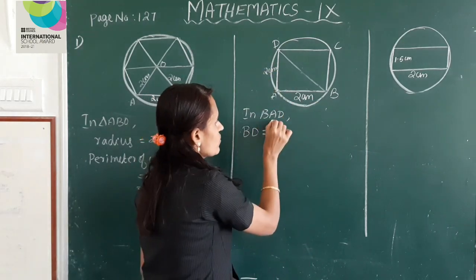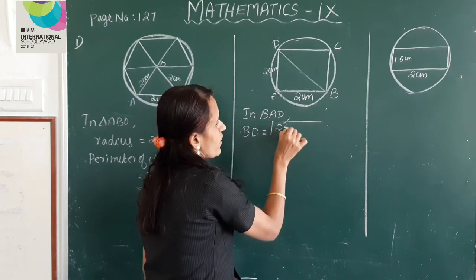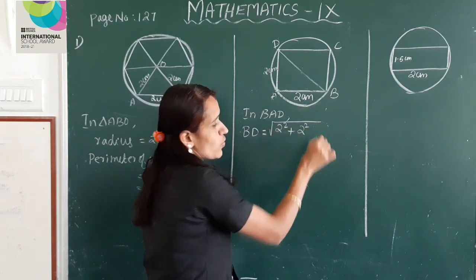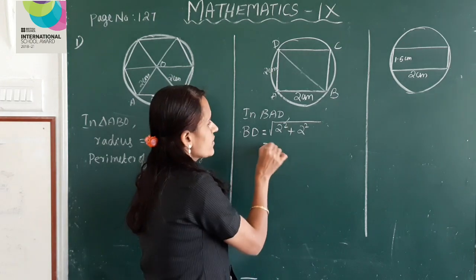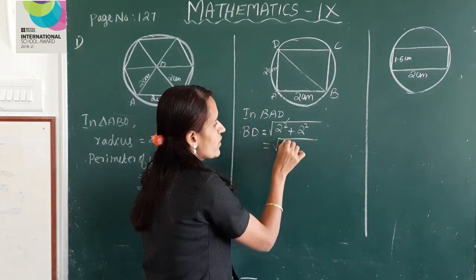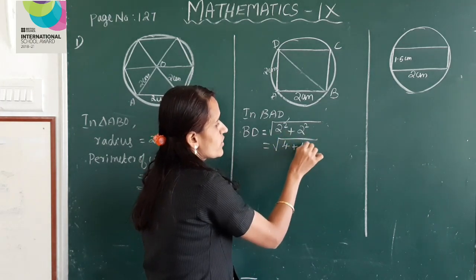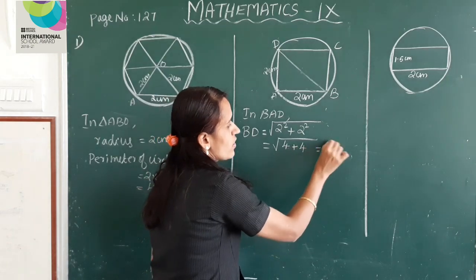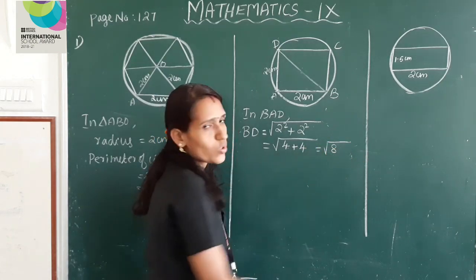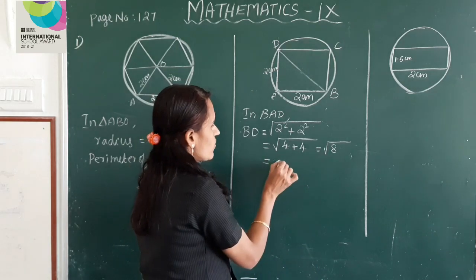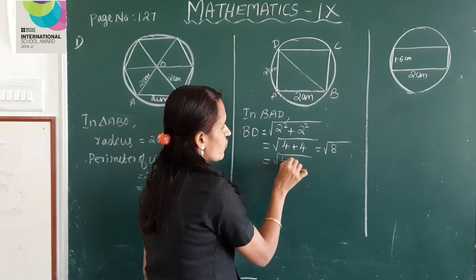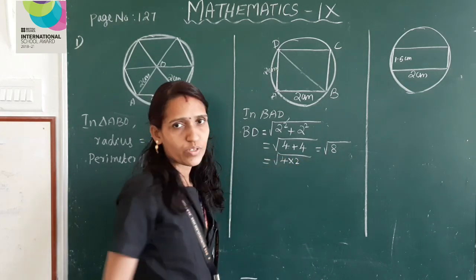So, BD is equal to root of 2 square, base square plus altitude square. Okay, this is equal to root of 2 square is 4 plus 2 square is 4. 4 plus 4, 8. Root 8. So, this is equal to root of 4 into 2.